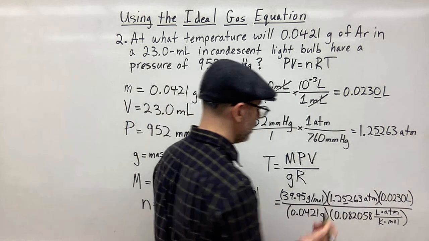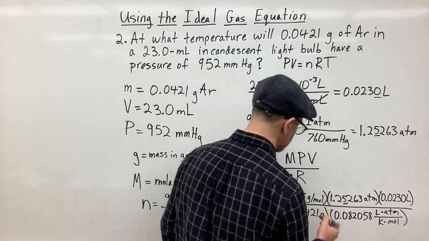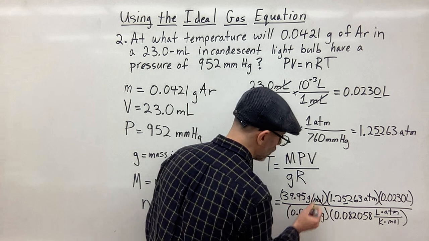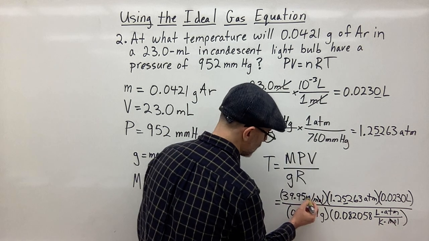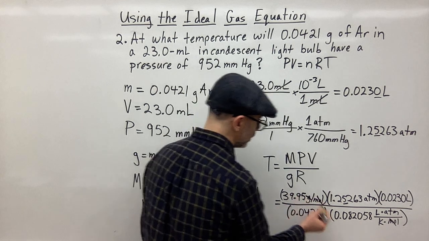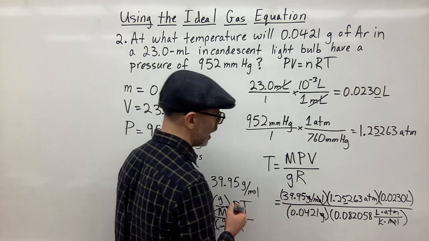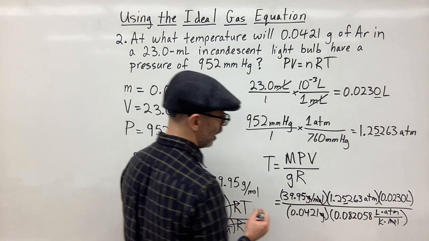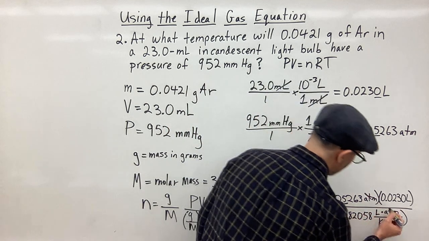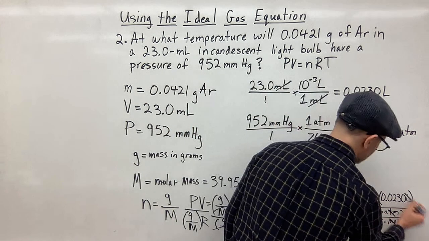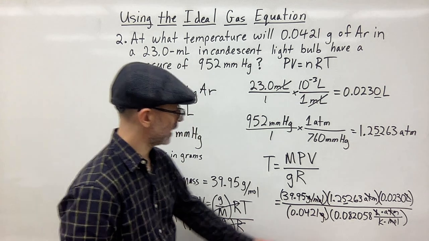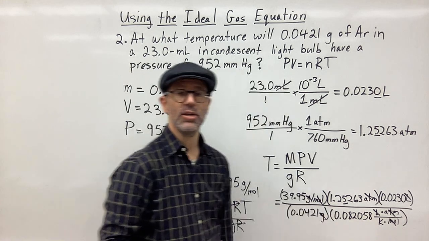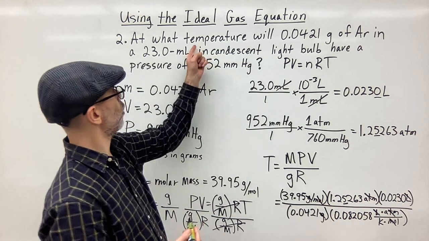All right, so let's see what cancels out. So we have moles here. Moles cancels out with moles down on the bottom. Grams on top can cancel out with grams on the bottom. Atmospheres cancels out with atmospheres on the bottom. And liters cancels out with liters on the bottom. And so everything cancels out except for Kelvin, which is what we want because we're looking for a temperature.